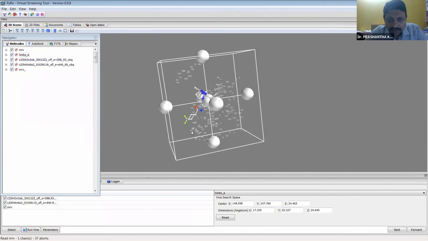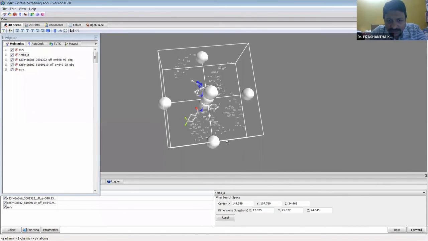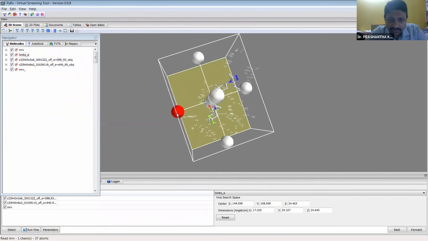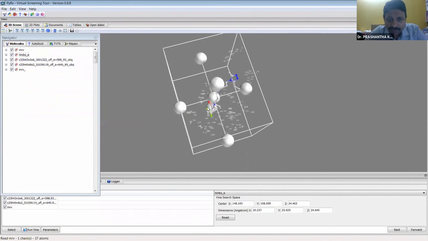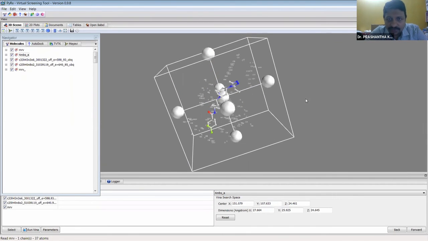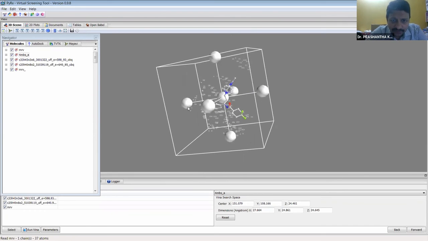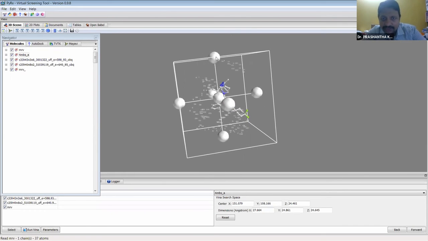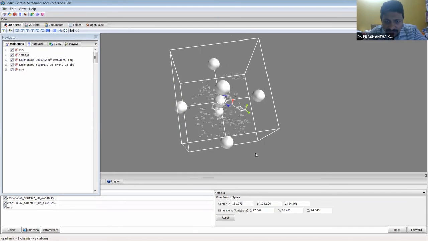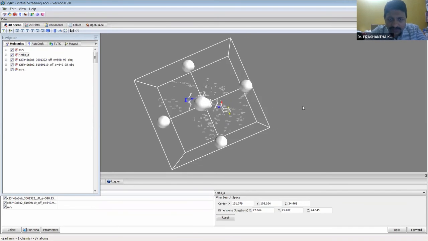So that time-taking task is now reduced, wherein we have an option to move the grid box. Just use your mouse and we can set the grid box within a few minutes. So that's the advantage that is there with this PyRx. Otherwise it's a manual process.